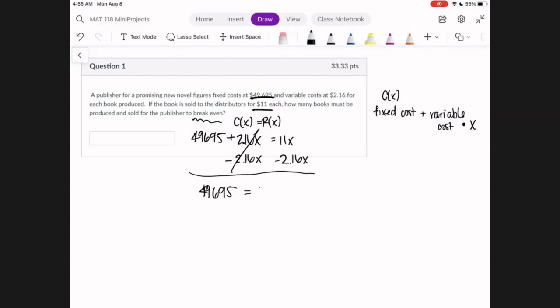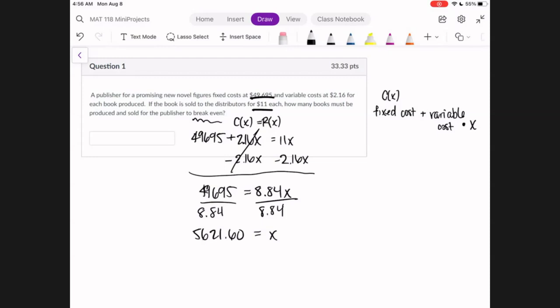So if we subtract these two, we get 8.84x, and then I want to get rid of the 8.84, I just want x. So I'm going to divide both sides by 8.84. So this gives me 5,621 would be x.